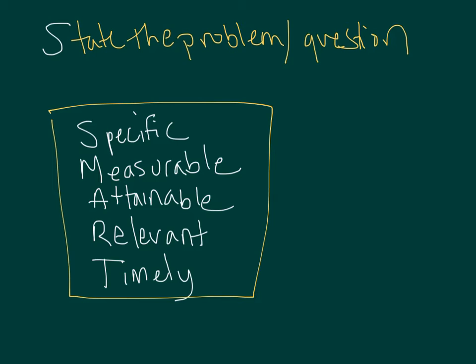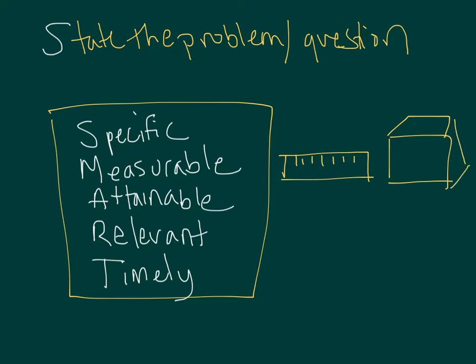It's measurable, meaning you can go out and you can use a ruler or other scientific tool. You could look at it, record it, and put it maybe on a screen and bring it back. It's measurable. Attainable, meaning you can get there. It's not at the bottom of the ocean where no one can go. It's relevant, meaning that we care about it. It's something that's kind of important.